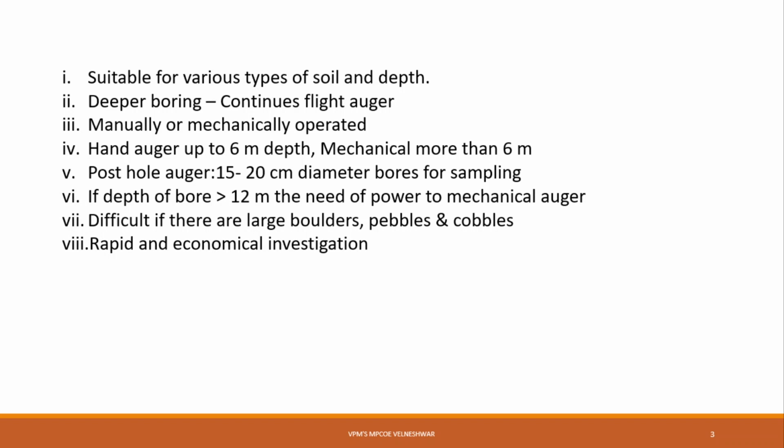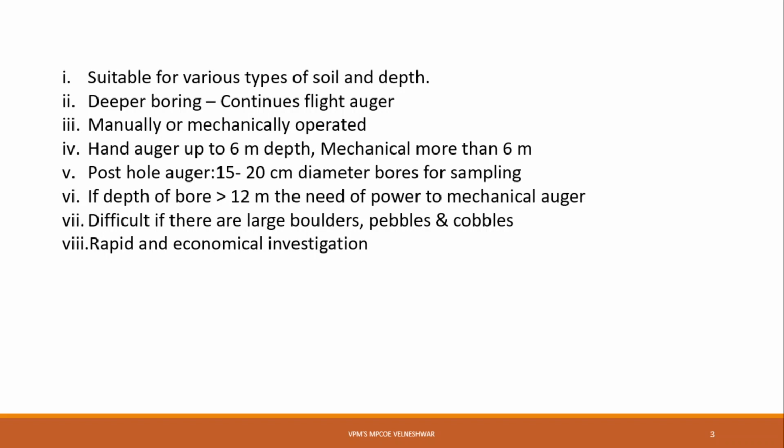Up to 6 meter depth, we use a hand auger, and above 6 meter depth, we prefer the mechanical auger. The post hole auger diameter is 15 to 20 centimeter for sampling purpose. If the depth of bore is greater than 12 meter, then we have to provide some extra power to a mechanical auger, and then it becomes hectic and tedious.